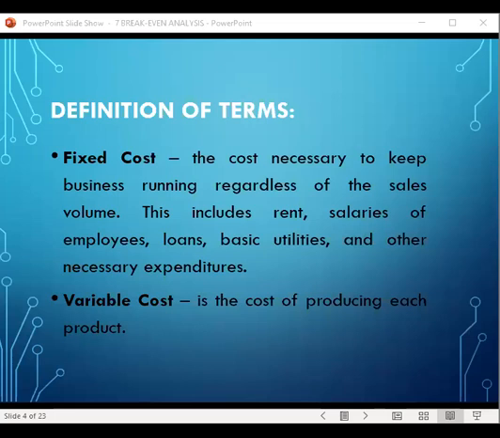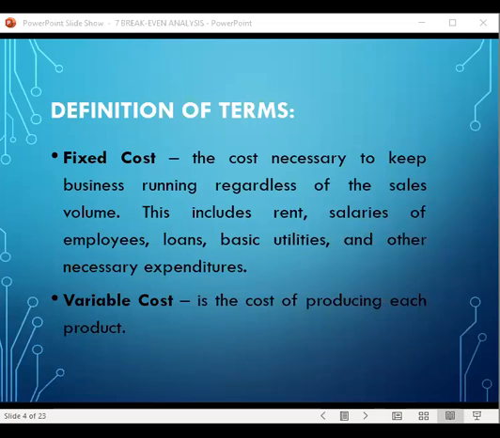Whether there is a sale or there is no sale on that certain period of time, you will still be paying the rent if you're renting and paying the salary of your employee. Another basic utilities such as electricity, water bills, internet bills, and other bills, those are fixed costs.